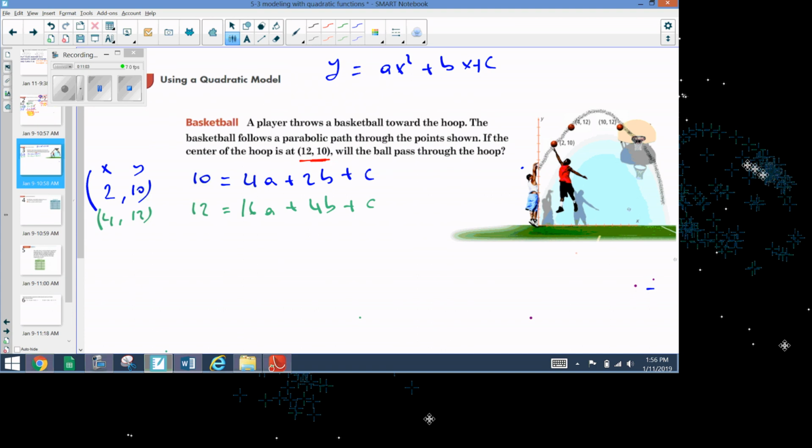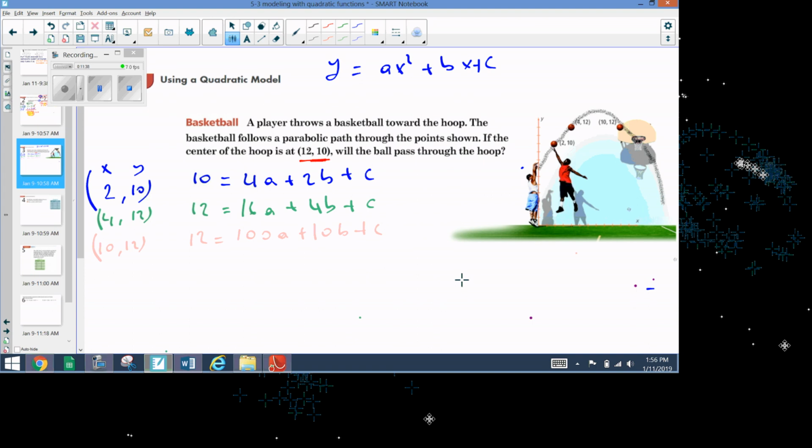So another point, 10, 12. So y is equal to 12 and x equals 10 in this case. 10 squared equals 100, so 100a plus 10b plus c. Alright, so 3 equations, 3 variables. Correct?